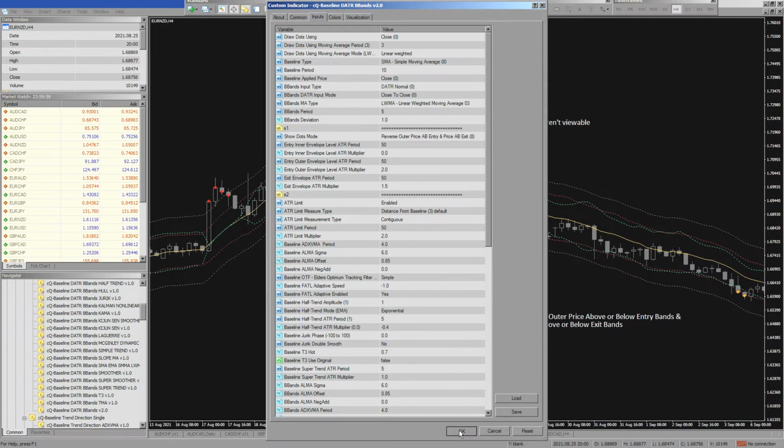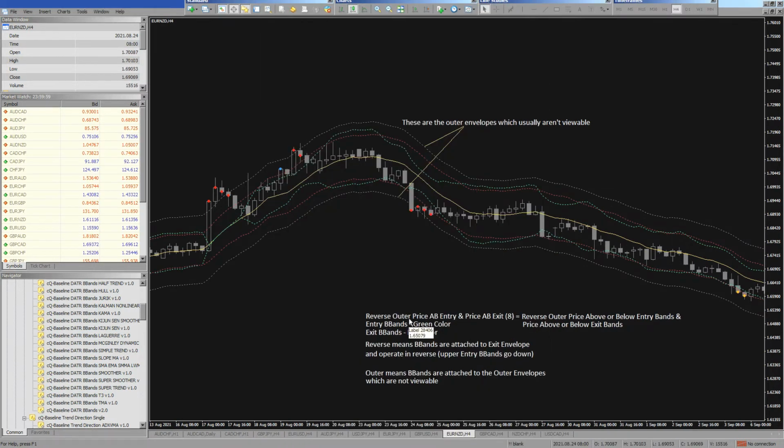This next mode is the reverse outer when price is above or below the entry line and price is above or below the exit level. So that's what this is here. The price is currently below both the exit and entry. Here it's above both the exit and entry.